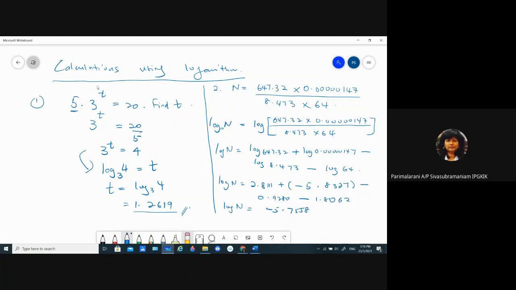This is actually base 10. If log n is this, therefore n is equals to 10 to the power of negative 5.7558, based on the definition for logarithm. And from your calculator, now you can calculate that n is equals to 1.7547 times 10 to the power of negative 6. And that's your answer.